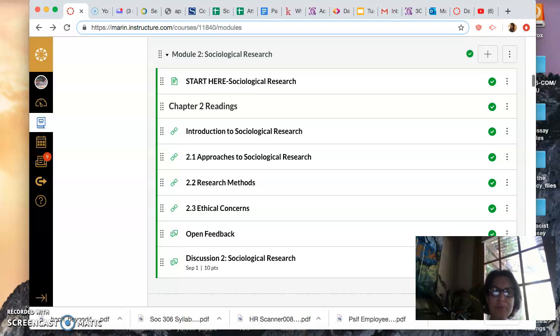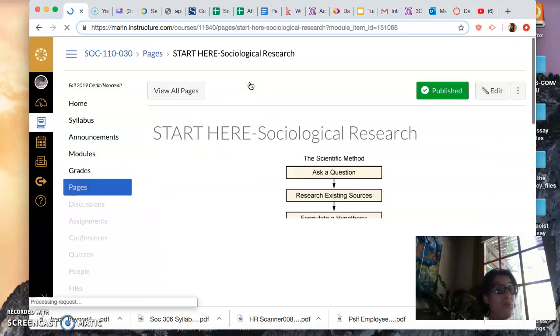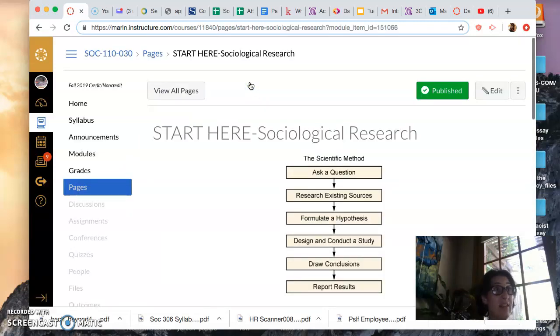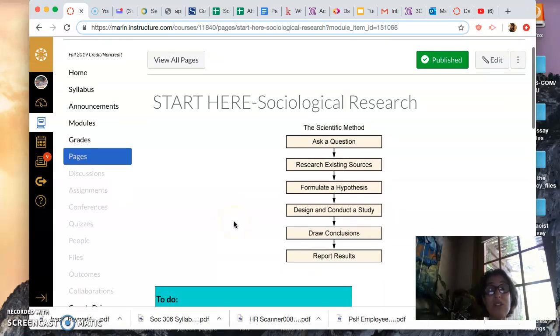This week, you're going to learn about sociological research, and in particular the research method. Probably if you've taken almost any class that does research, you've already seen the scientific method, but that's where you'll start off this week.